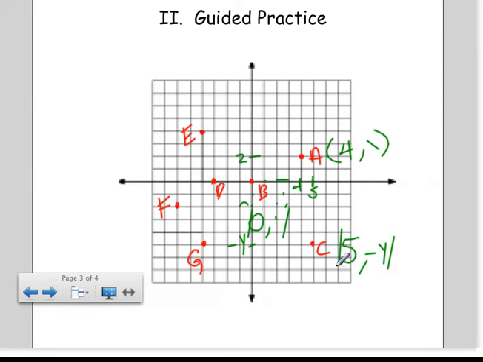Second, or next is D. It is on my x-axis, so my point here should have been negative 3, comma, 0. E, which is at negative 4 on my x-axis and at 4 on my y-axis, would have been at the point negative 4, comma, 4.